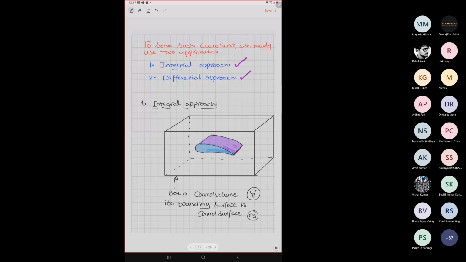If you do those steps, you will end up with a careful way of looking at the problem and the numbers. To learn that algorithm, whether integral or differential approach, we need to understand two concepts named control volume and control surface.